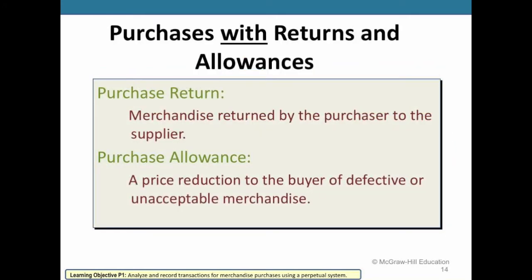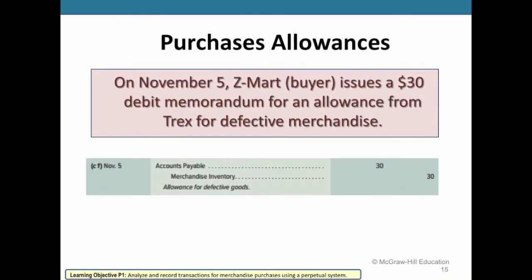We're also permitted some returns and allowances, for example, if the merchandise we receive is defective or not what we actually wanted or ordered. So in this example, if we were to get a $30 debit memorandum for an allowance for defective merchandise, what that's going to be is, if we had purchased the $500 on credit, so we would pay at a later point, but we looked at the damages and said, this isn't worth the full $500 that we agreed to, this is damaged.